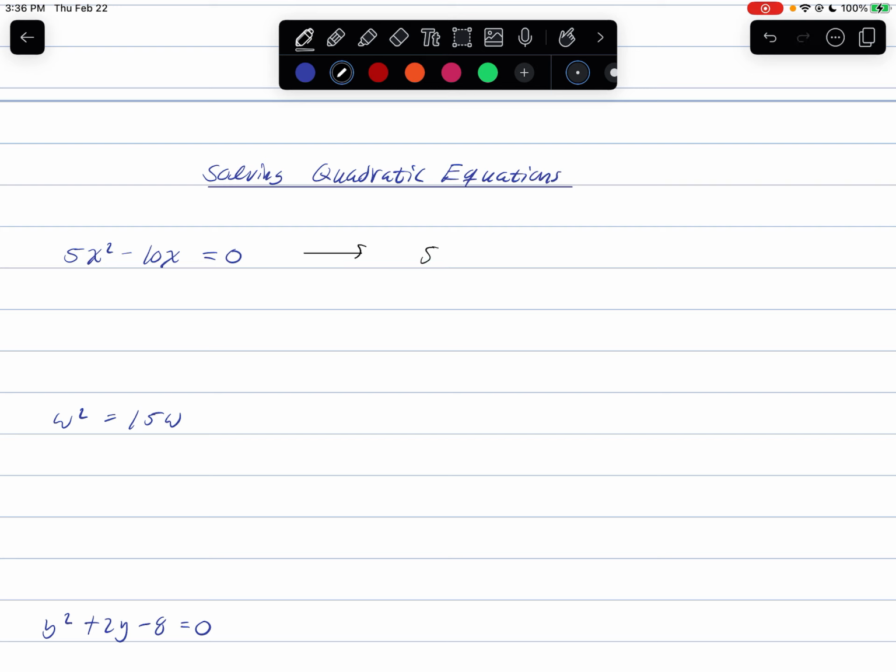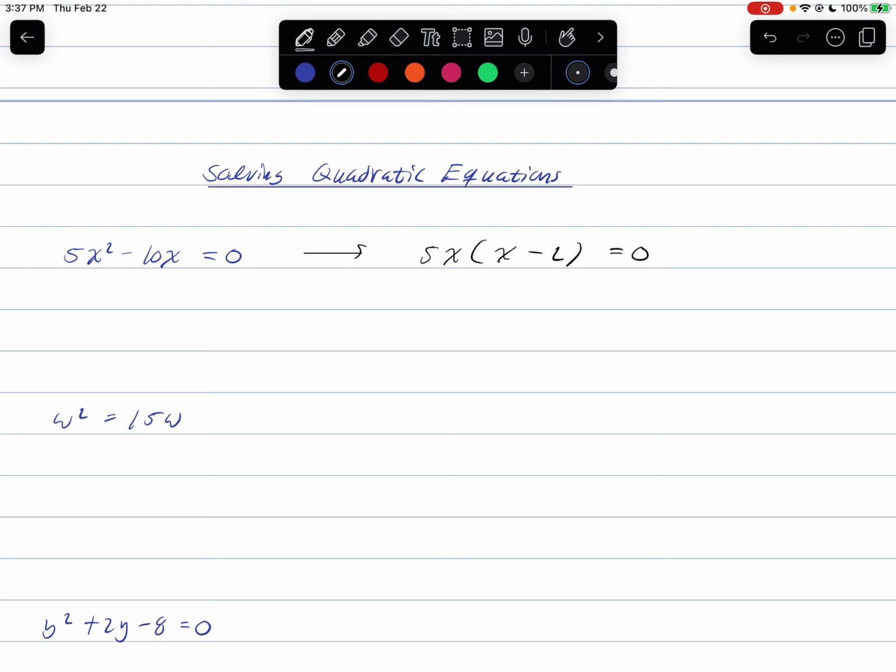So we can rewrite this as 5x times x minus 2 is equal to 0. And again, you can double check this to make sure this works. If you redistribute the 5x to the x, you'll get 5x squared, and then 5x to the minus 2, and you'll get minus 10x.